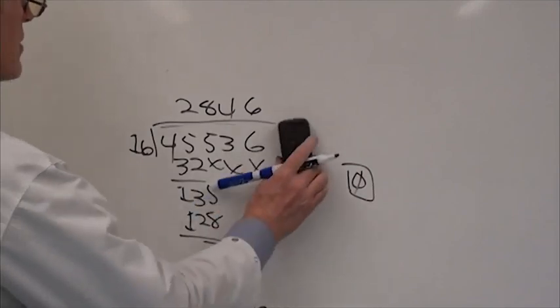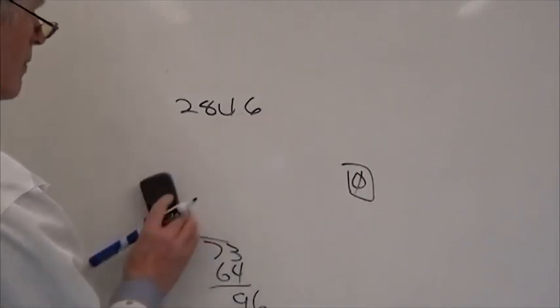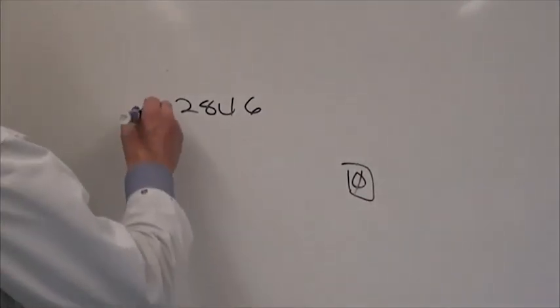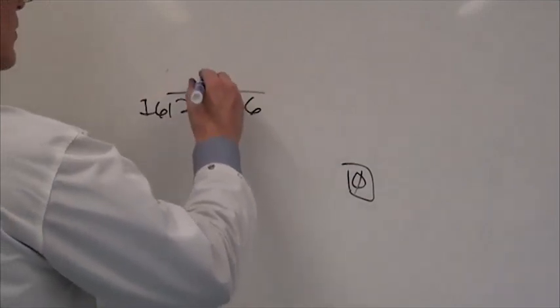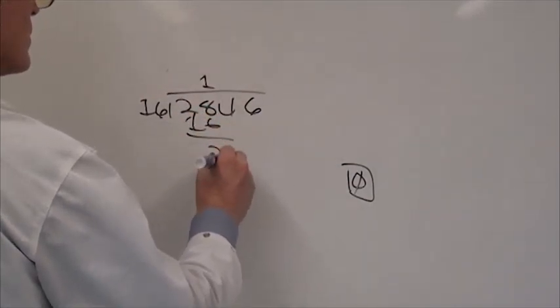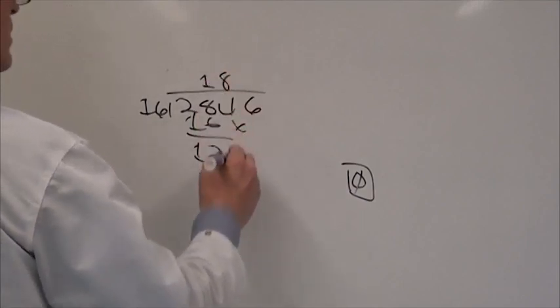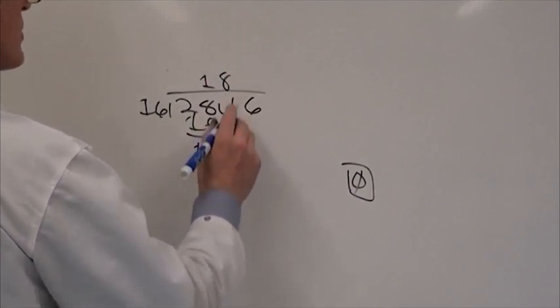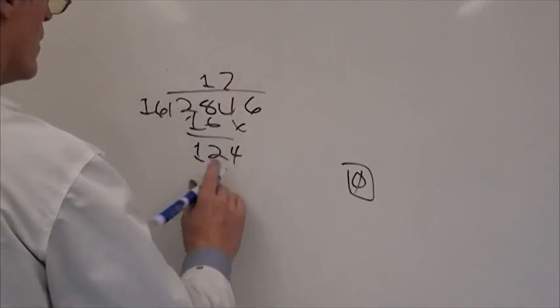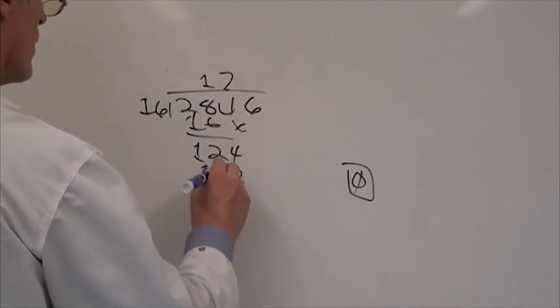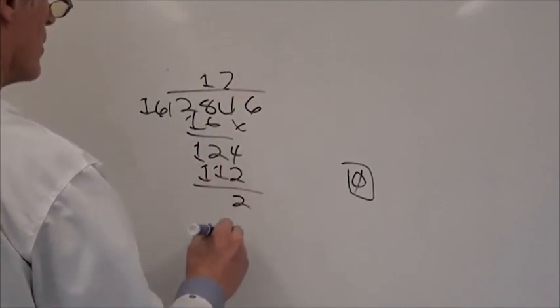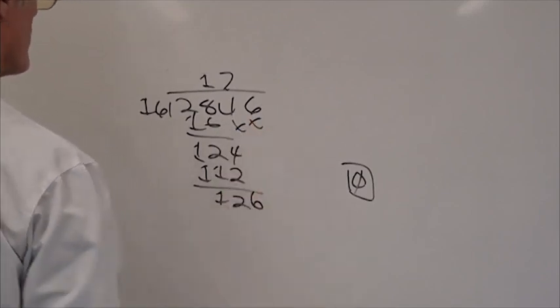Then we're going to divide 16 into this. 16 goes into this once. 2. That's 12, bring down the 4. 8. Oops, 7. That's 2. That's 1, bring down the 6.